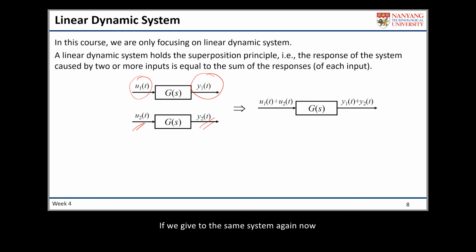If we give to the same system again another input, where the input is the superposition of U1 and U2, so we give an input of U1 plus U2 to the same system, apparently the output is simply Y1 plus Y2. The output will be just a superposition of the first output and the second output. This is what we call the superposition principle of the system.